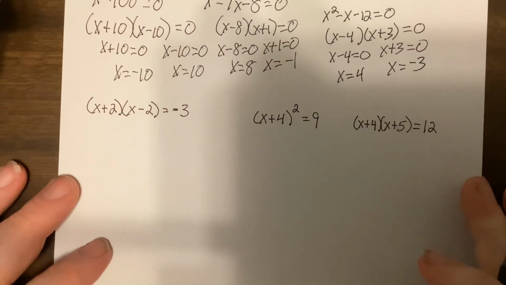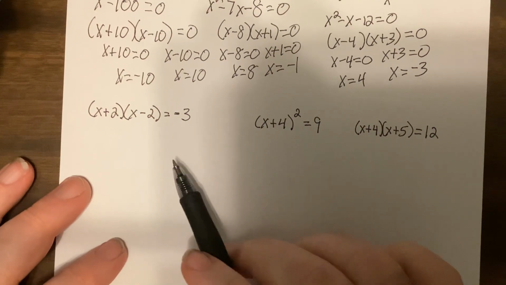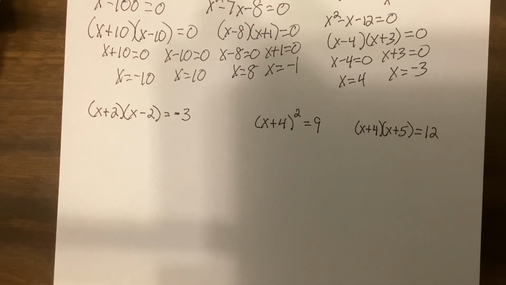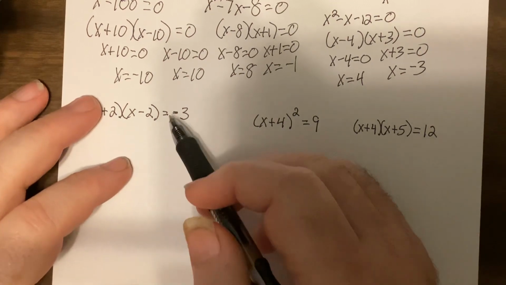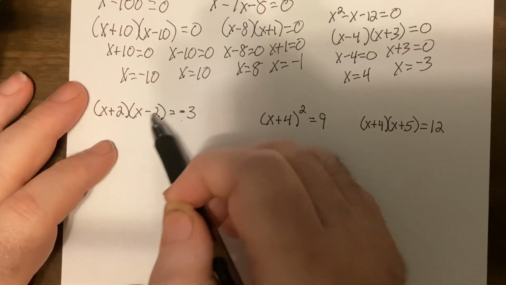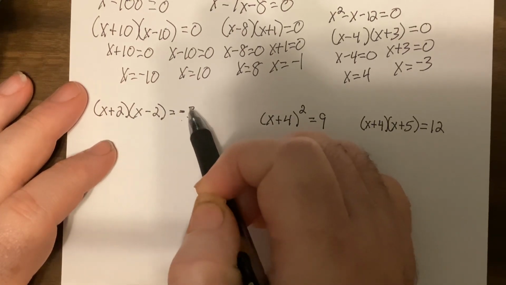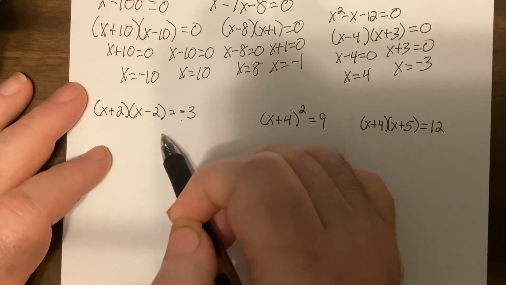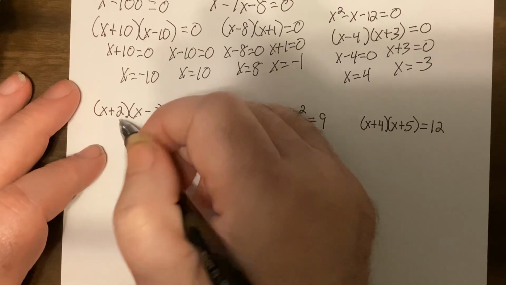Now I put 3 very tricky problems down here. These are tricky. Now remember, the first question is, do you have something equal to 0? No. So we need to FOIL this out so I can bring the plus 3 over to form a polynomial. So I'm going to FOIL this.